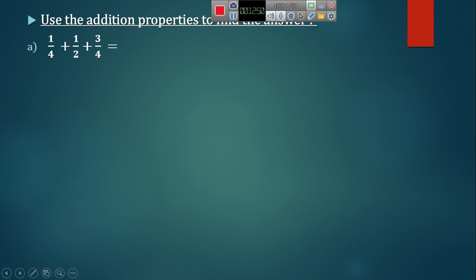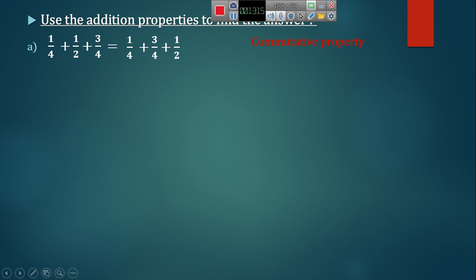So we need to put 3 over 4 beside 1 over 4. So we need to use commutative property to make switching for these two fractions. So it's going to be like this: 1 over 4 plus 3 over 4 plus 1 over 2. This property is called commutative property. After using the commutative property, we will use brackets.